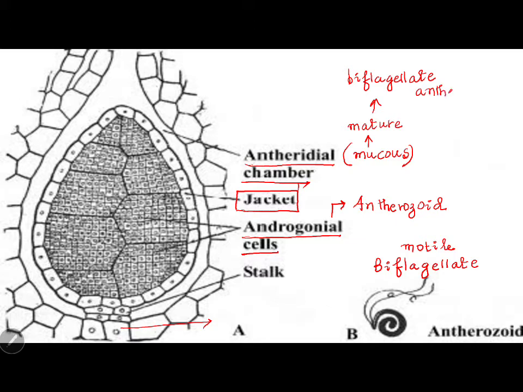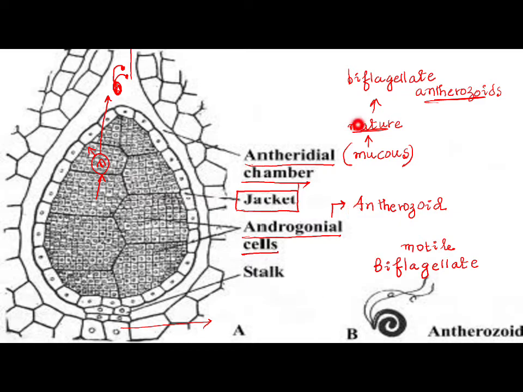Again, you see that for the maturation of the male gamete, it needs water in the surrounding. That is the reason when these cells produce male haploid gametes, these gametes will come here, then develop two flagella, become biflagellate mature antherozoites, and from here they escape outside and reach the archegonium for fertilization.